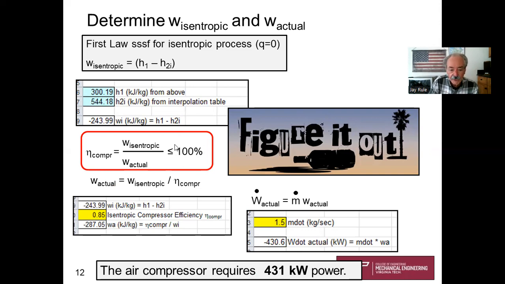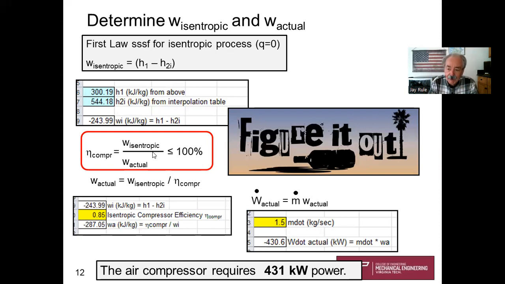Compressor efficiency is always less than or equal to 100%. Now, think in your mind. If I've got an air compressor that's reversible and adiabatic, would that take more or less power than if the compressor were adiabatic and irreversible? Or, let's flip it.